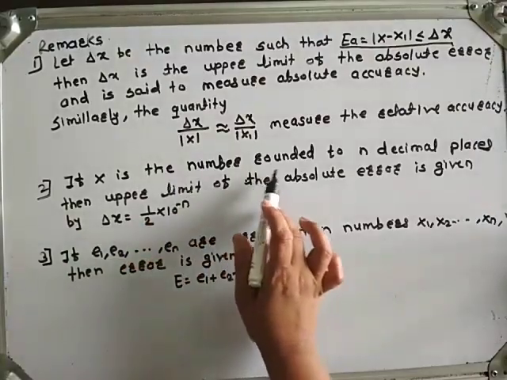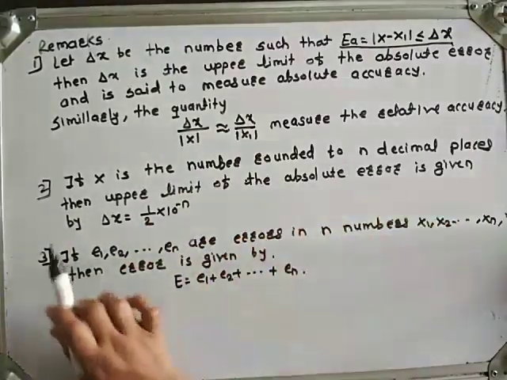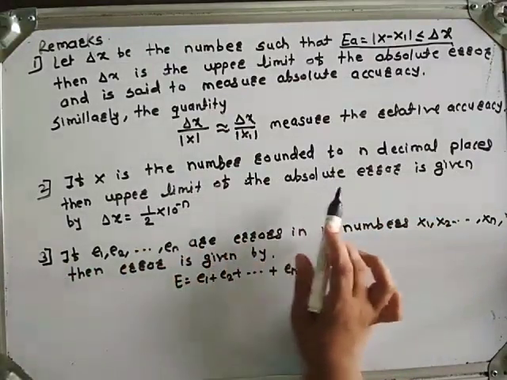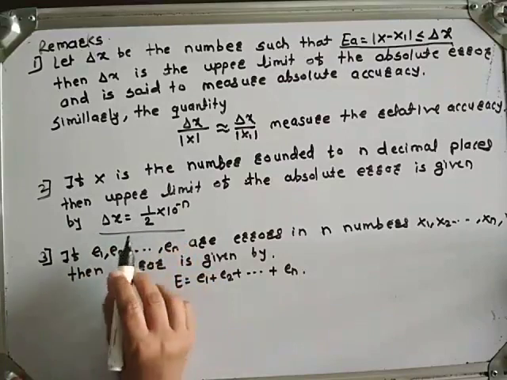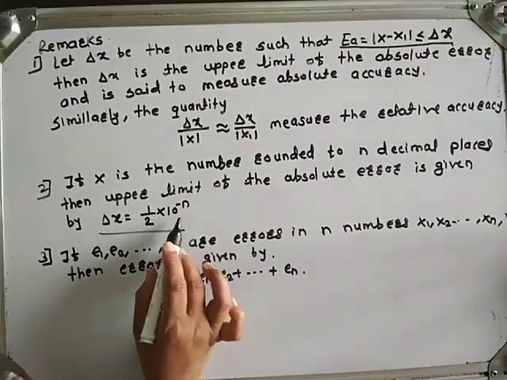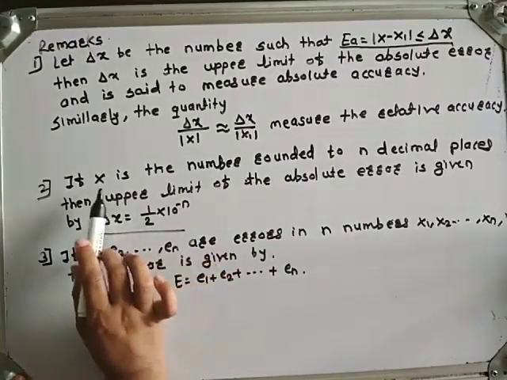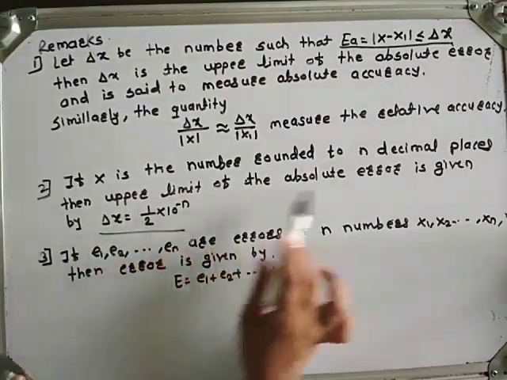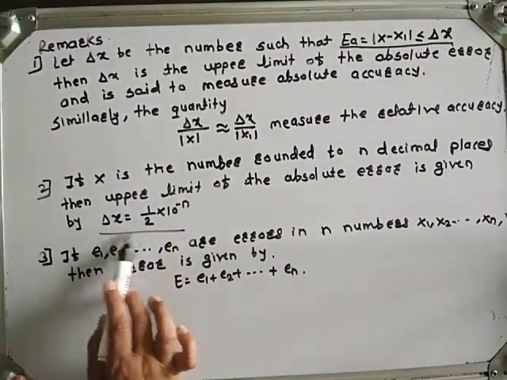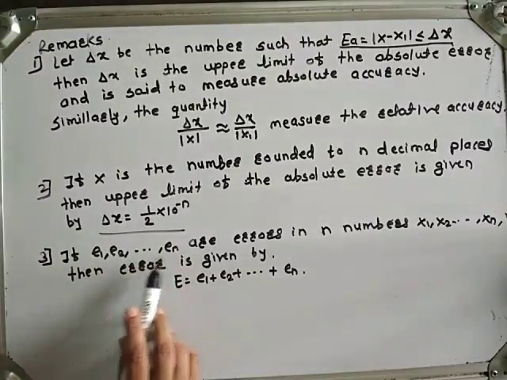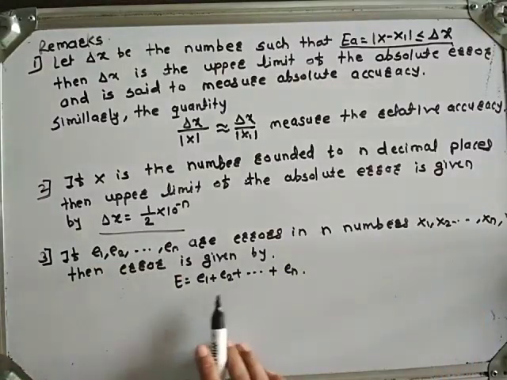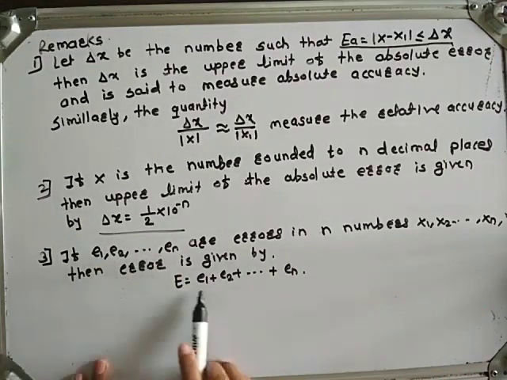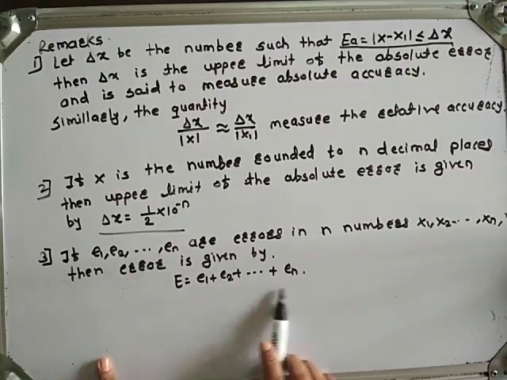If x is the number rounded to n decimal places, then the upper limit of the absolute error is given by delta x is equal to 1/2 into 10 raised to minus n. If E1, E2 and so on up to En are errors in n numbers, then the error is given by their sum, that is E is equal to E1 plus E2 plus and so on up to En.